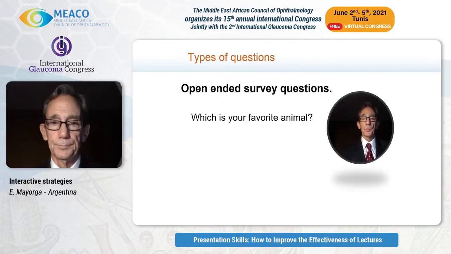There are different types of questions you can present your students with. Survey open-ended questions pose no problem because it does not matter if participants listen to others' answers before they answer. They usually will not be influenced by others' answers when they give theirs.